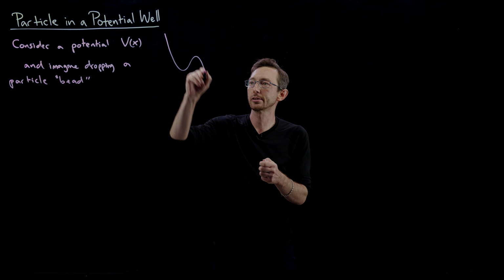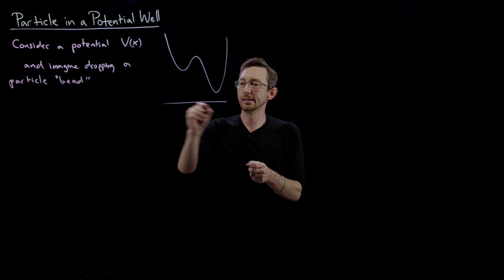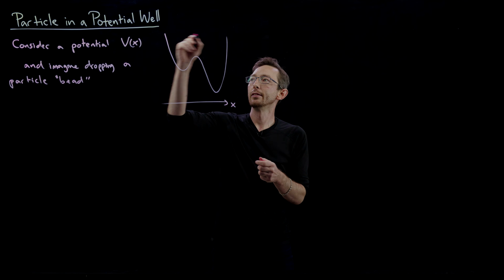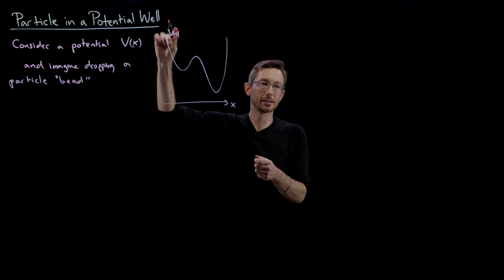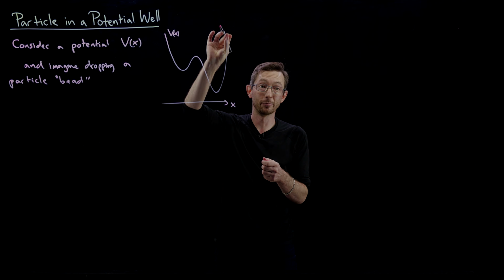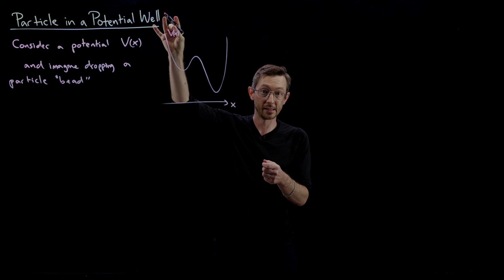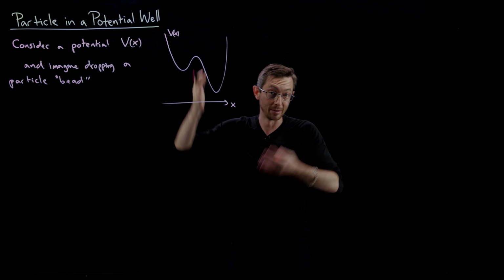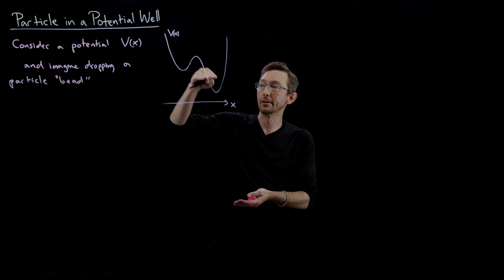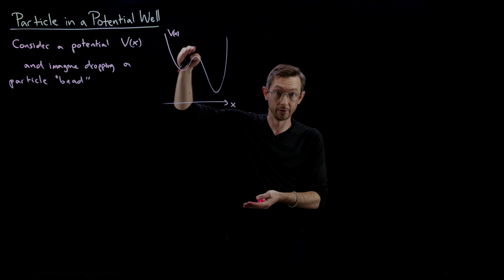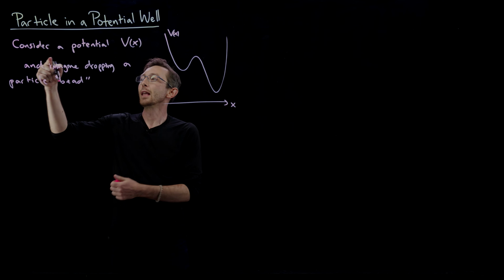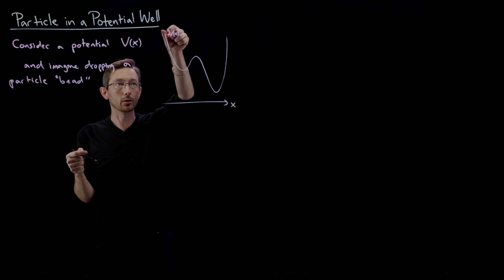So we have a potential surface, so this is the x direction, this is V of x. It's literally like the potential energy of being at this height or this height or this height. So you can kind of imagine, maybe gravity's pulling you down, and you have different potential energies at different levels in this potential. And we are dropping a particle or a bead.